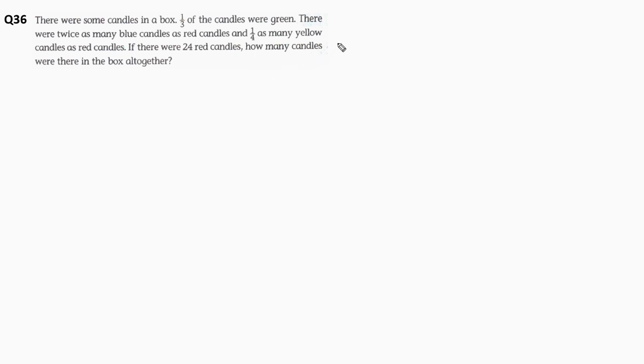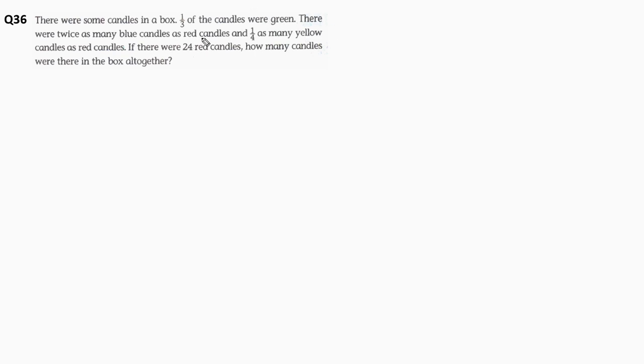Now, hopefully you're starting to learn to read these questions very carefully and see if anything stands out. What stands out to me is it starts off very easy. It says a third of all of the candles in the box were green. But then it doesn't mention green again. It then compares the rest of the colors, which are blue, red, and yellow, to each other, but not to the green.